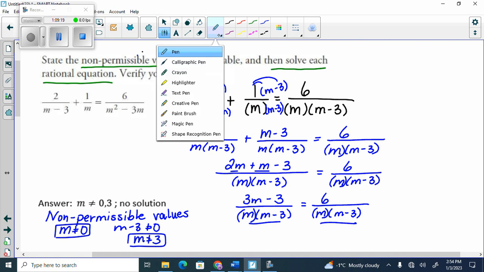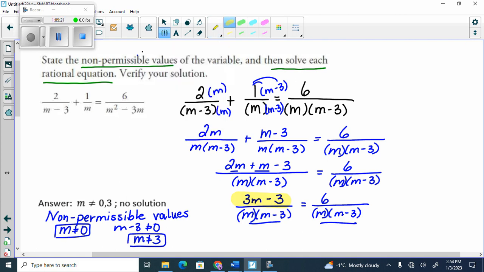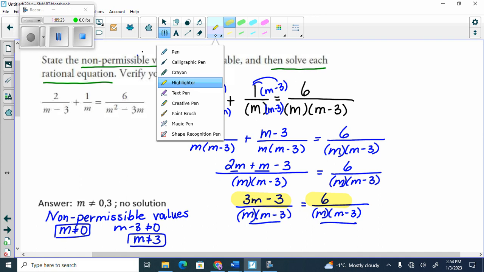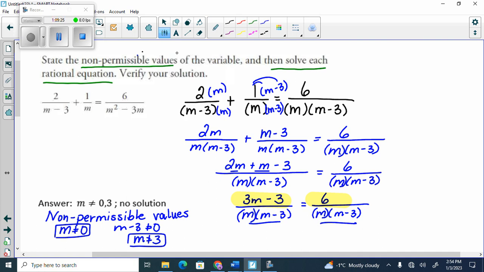Now that my denominators are equal, I can set my numerators equal. So I get 3m minus 3 equals 6. Add 3. 3m equals 9. Divide by 3.